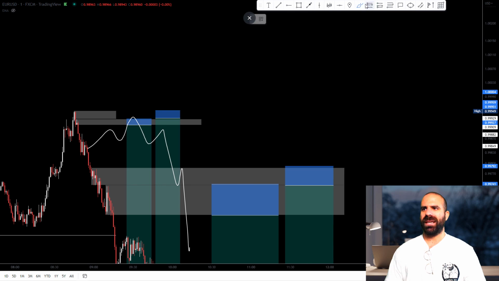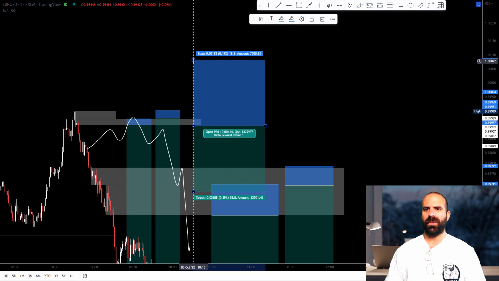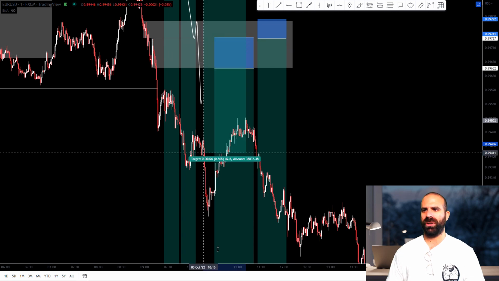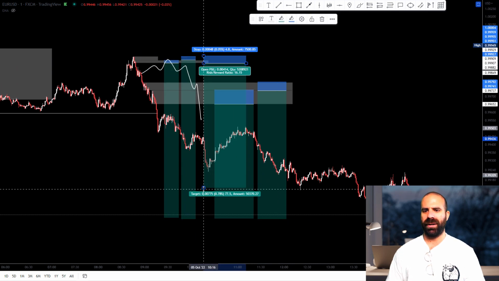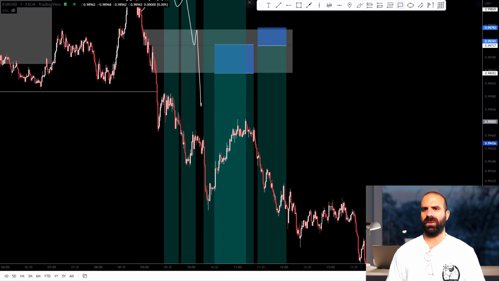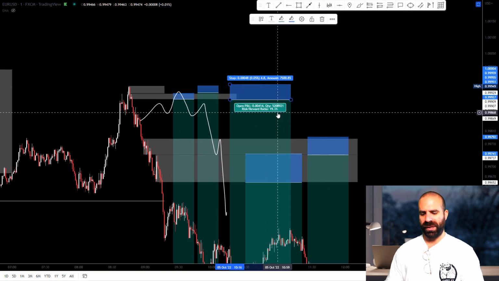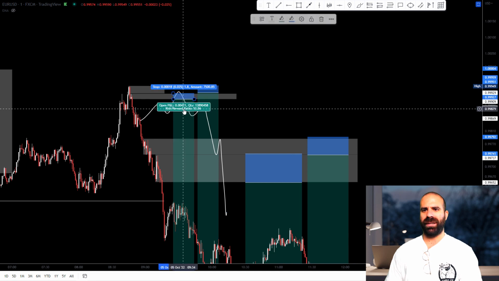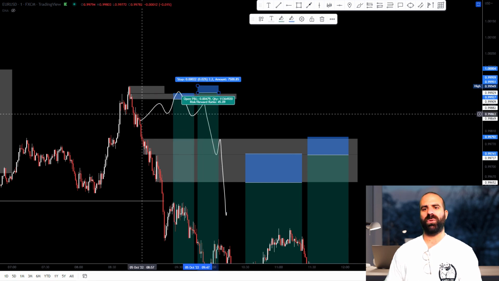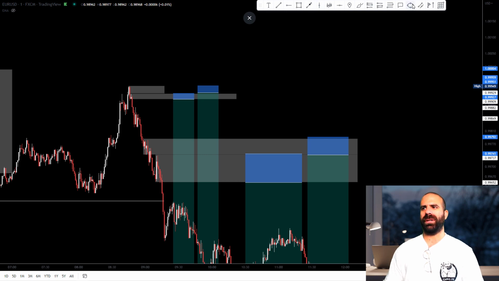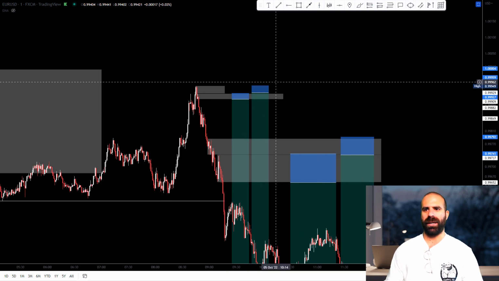So in the first scenario, you would have a 21 to 1 risk to reward if we target down here, let's say, around 19 or 20 to 1 risk to reward, but no losses. On the second scenario, you would have a loss right here, but you would win a 45 to 1. So 44 to 1 in total risk to reward instead of a 20 to 1 risk to reward.